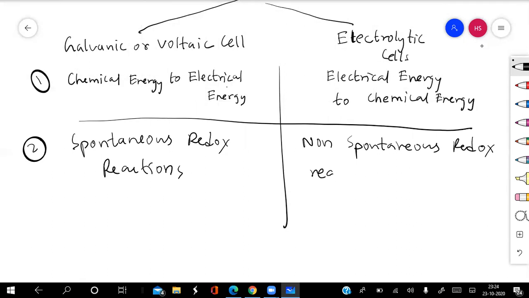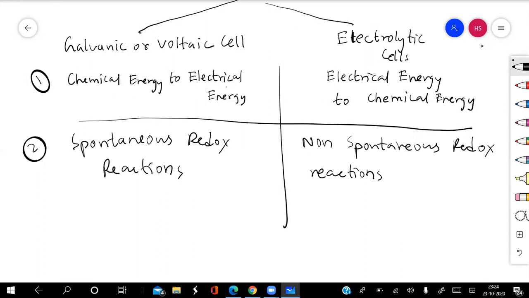Now, as you know, the redox reaction plays a very important role in electrochemistry, and you should understand what we mean by a redox reaction. A redox reaction is a combination of two reactions, oxidation and reduction. These reactions take place at each of the electrodes. There are two electrodes in these cells.